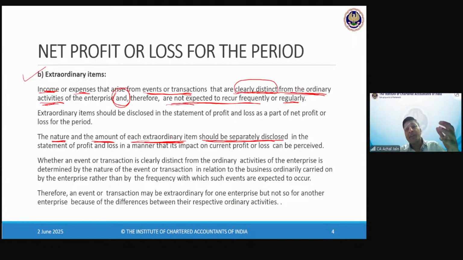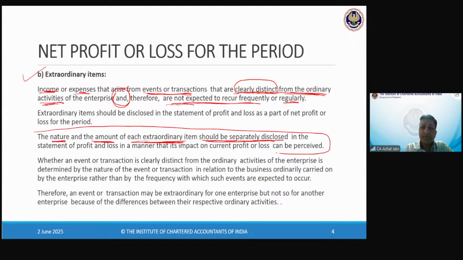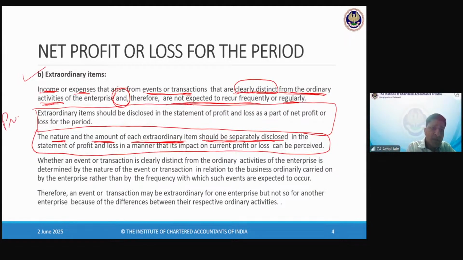You will also be giving a disclosure around it. Okay, so this is about the presentation. This is about the disclosure. So that's the requirement that we have around the extraordinary items.